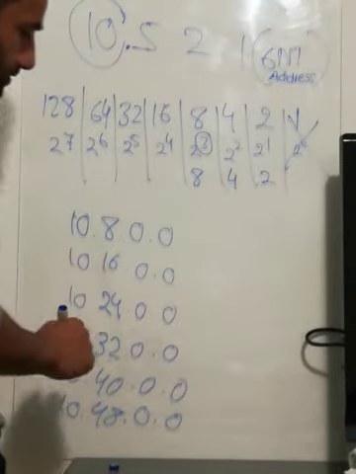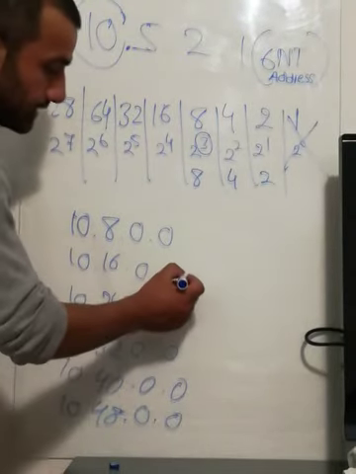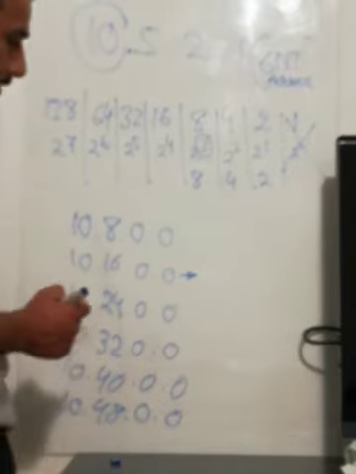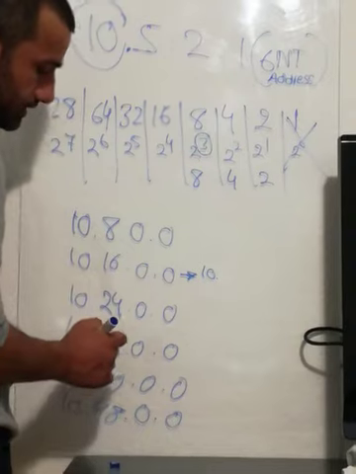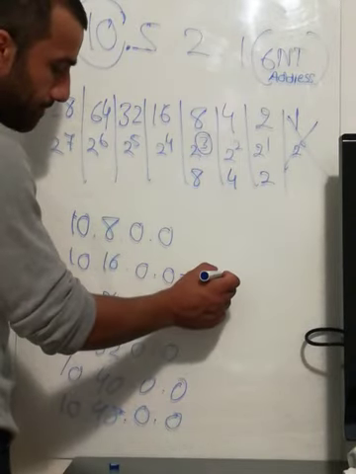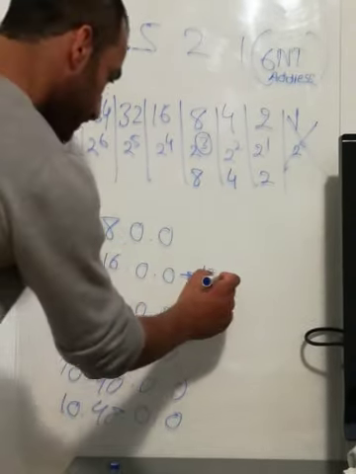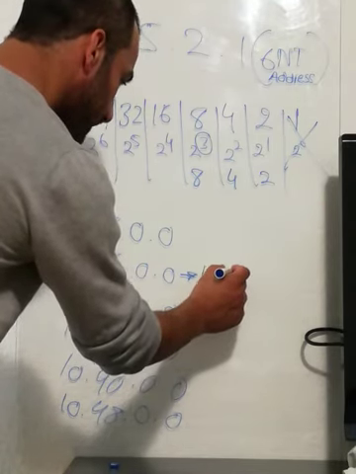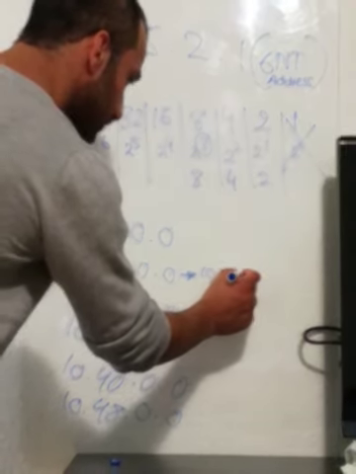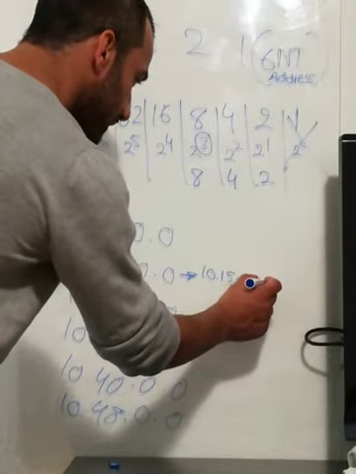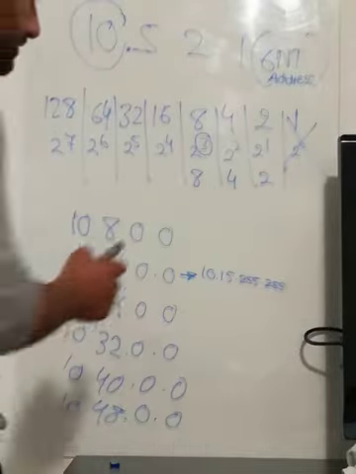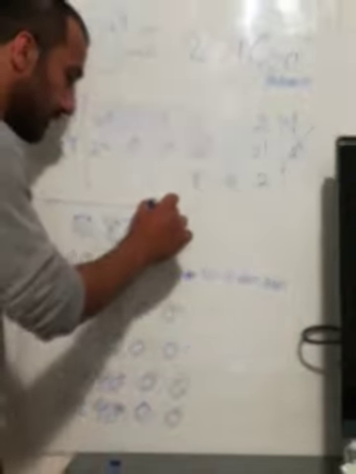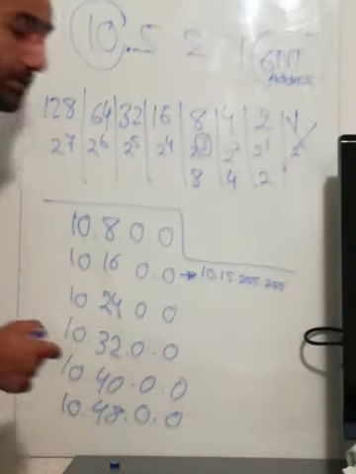The second one, the broadcast address for this is 10.15.255.255. This is the broadcast address between these 2 IPs.